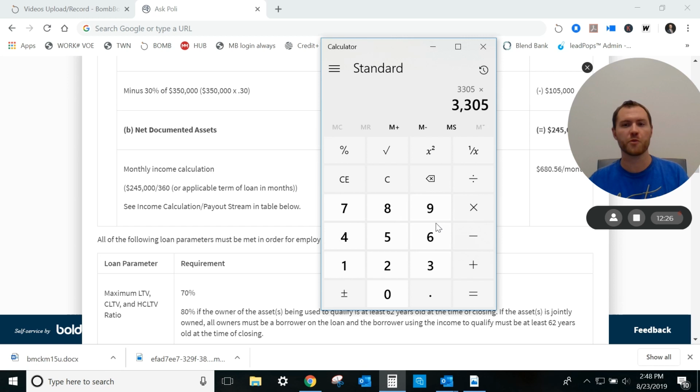It is tough to get an approval up at that range, but we're going to multiply it by 50%. That would mean the maximum amount of debt that you could have total, with all your cars, student loans, credit cards, and your home, would be $1,652 per month. That would include your principal, interest, taxes, insurance, HOA dues, and everything else.